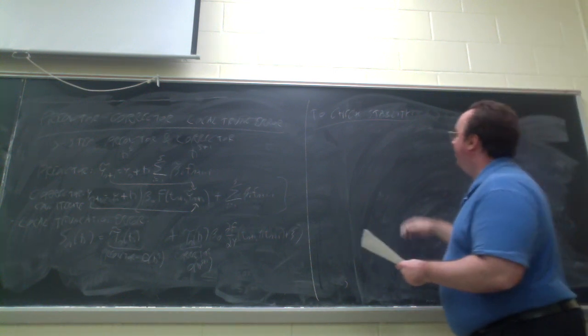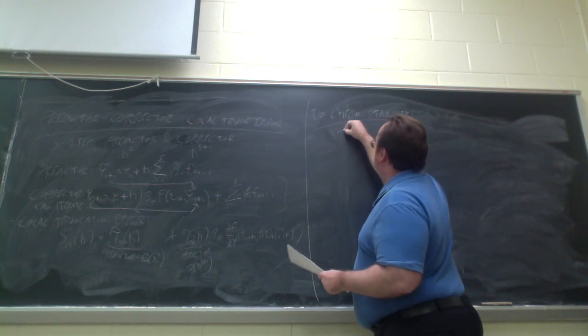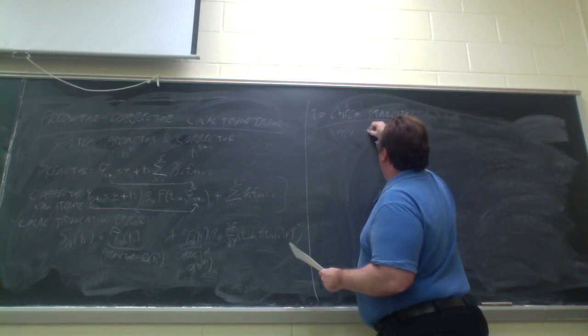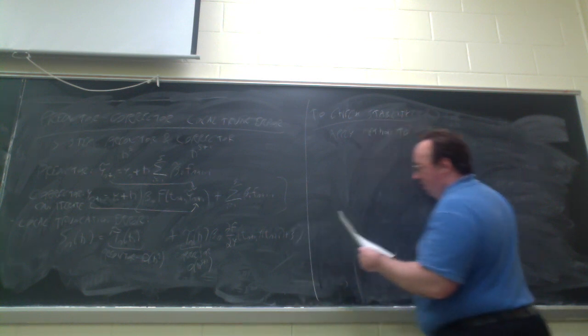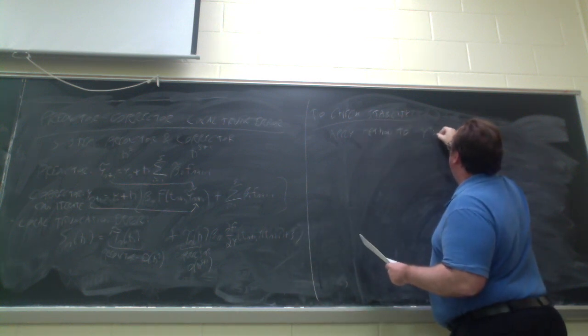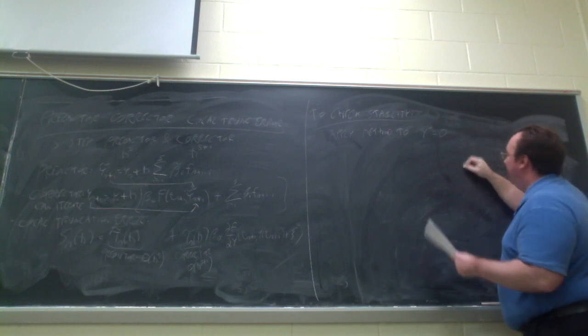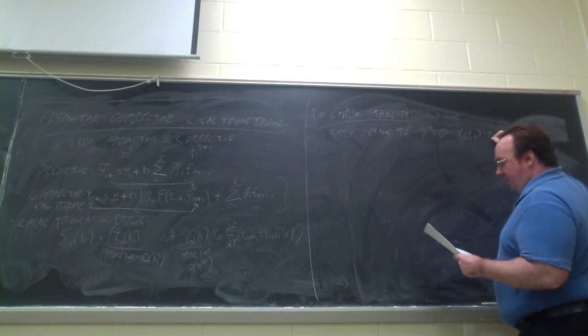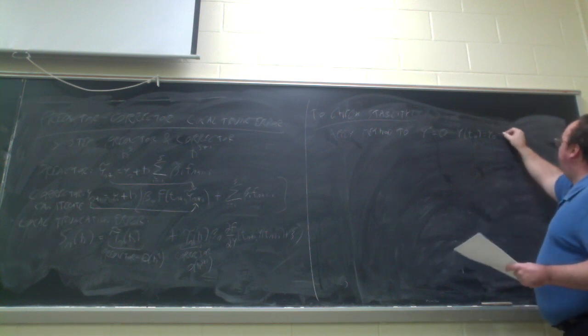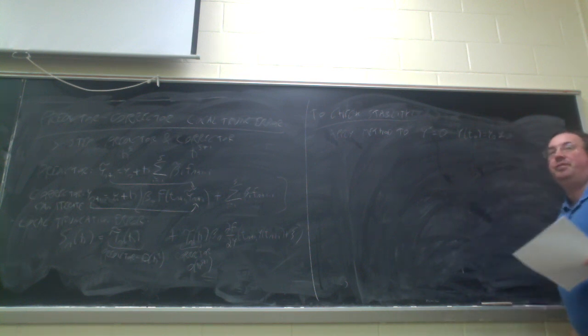So what you do is, suppose you apply your multi-step method to a very trivial ODE. y prime is equal to 0, y of t naught is equal to y naught, which we assume is non-zero.